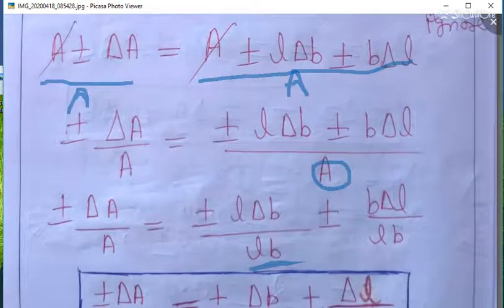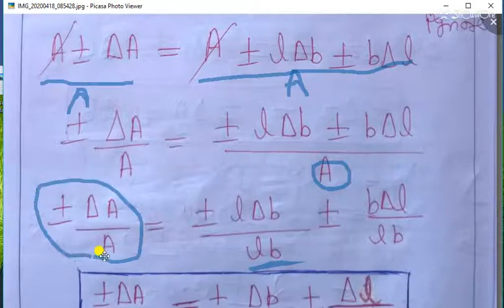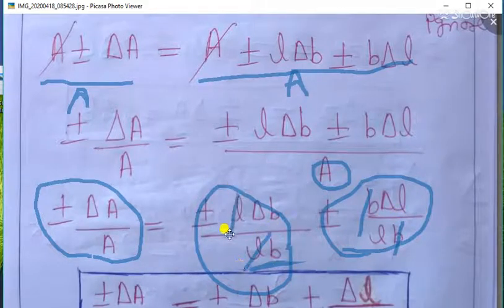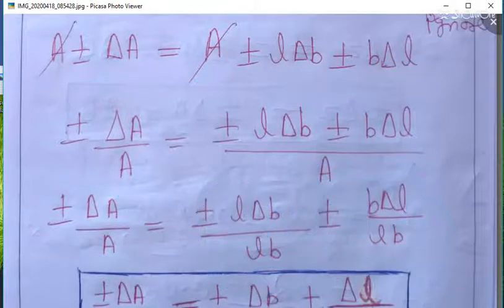So students, this is plus minus delta A by A equals plus minus L into delta B by LB plus minus B into delta L by LB. So B gets cancelled out with B and L gets cancelled out with L, and you are left with the relation.